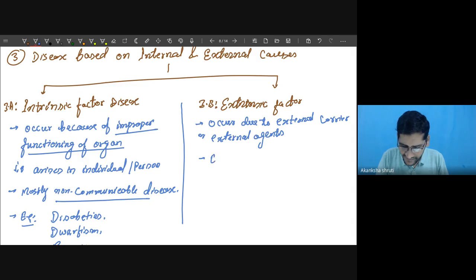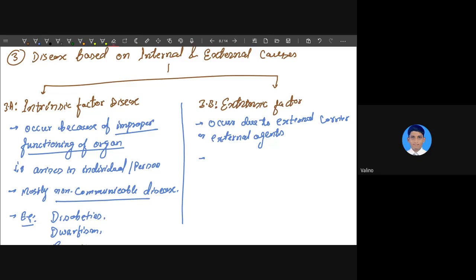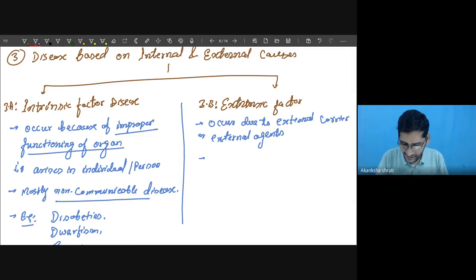Which category will this disease be? Mostly they are communicable diseases. Communicable and infectious disease. Good. So mostly communicable.